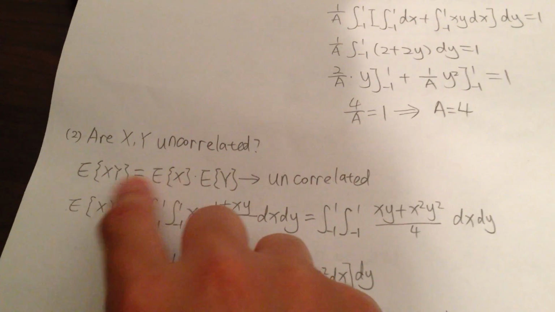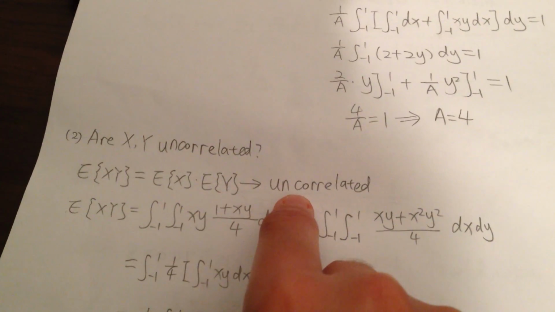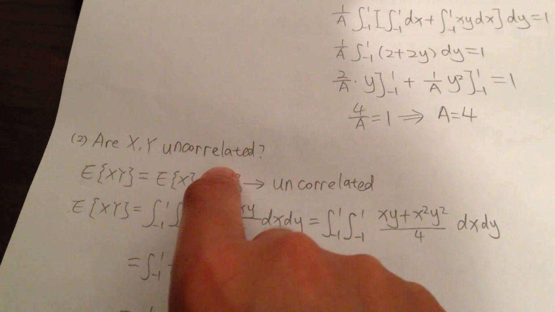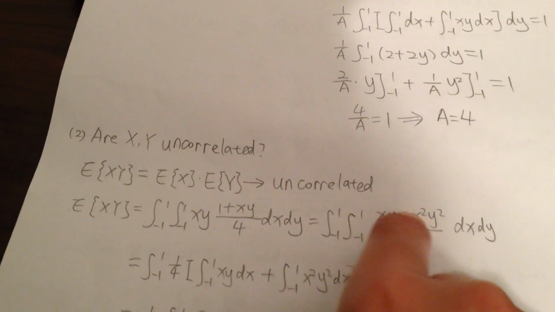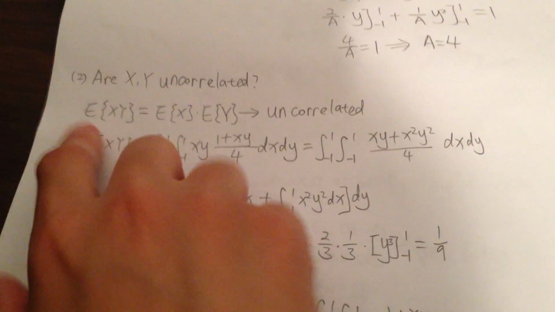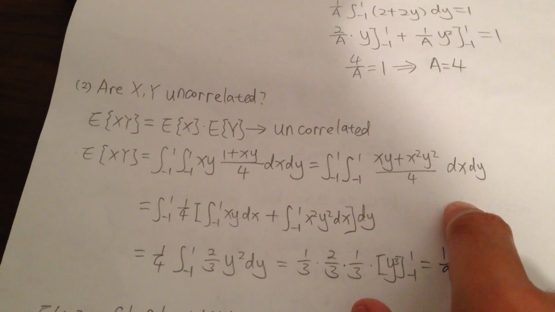If they are equal, then the random variables x and y are uncorrelated. So let's check our situation.